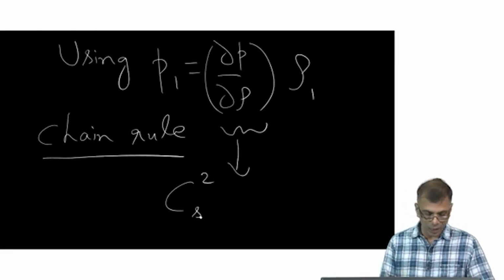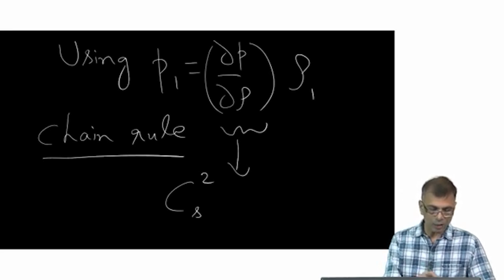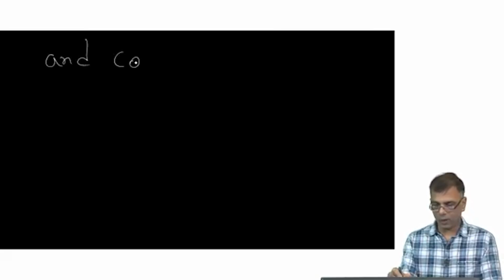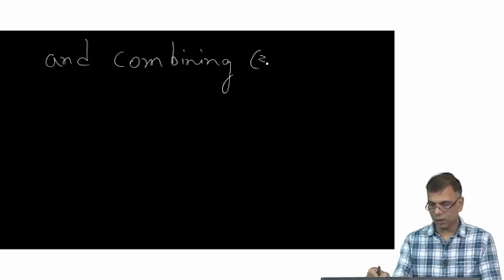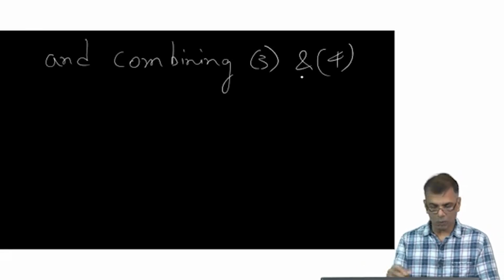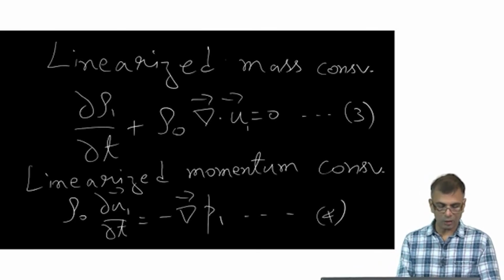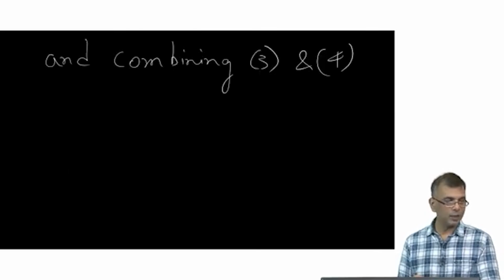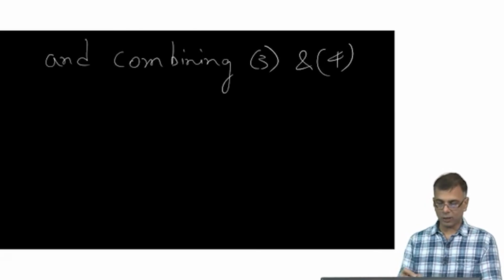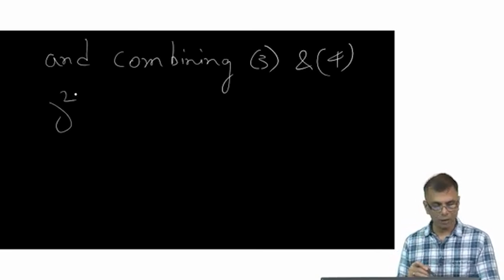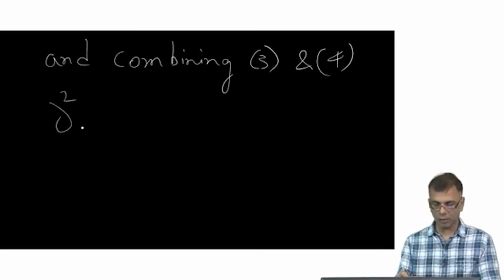Using this and combining 3 and 4, what are 3 and 4? 3 and 4 are this and this. So combining 3 and 4, we get a wave equation. When you are combining two first order differential equations, you are bound to get a second order equation.